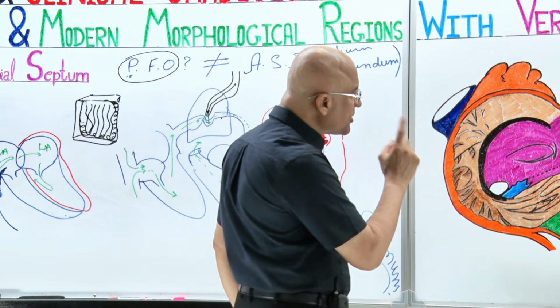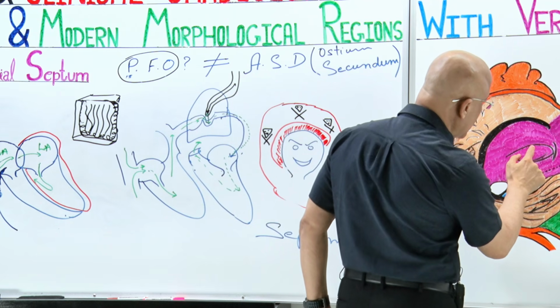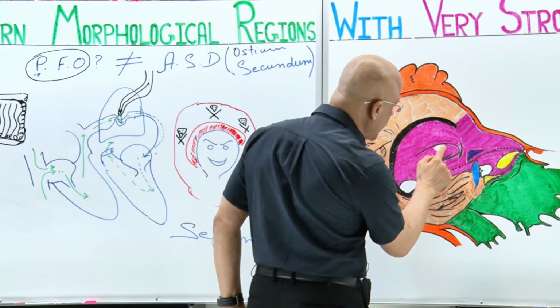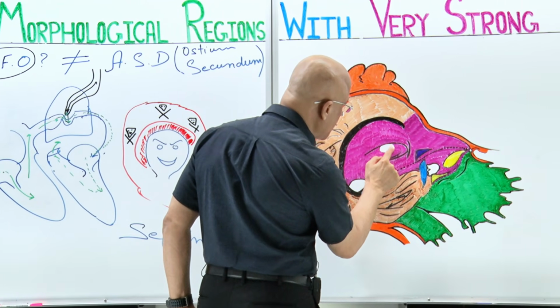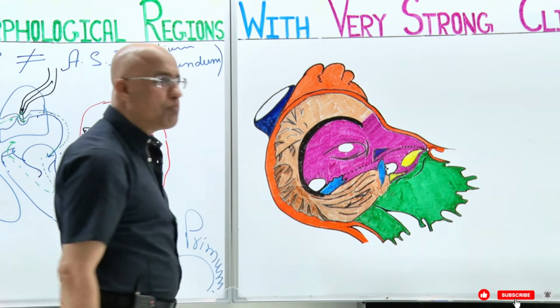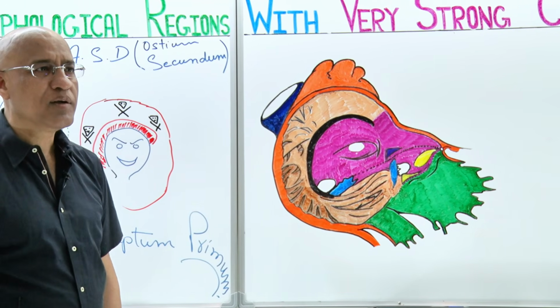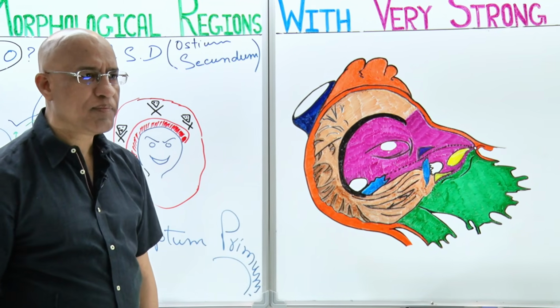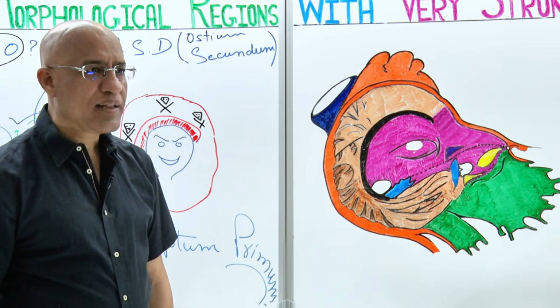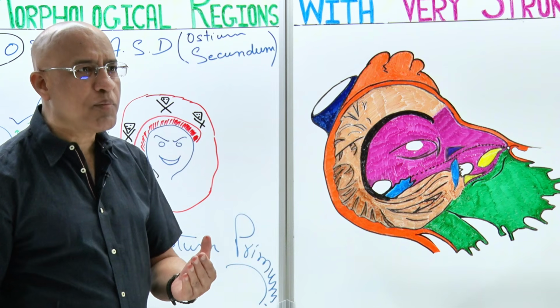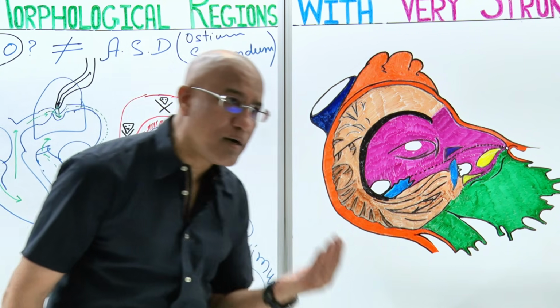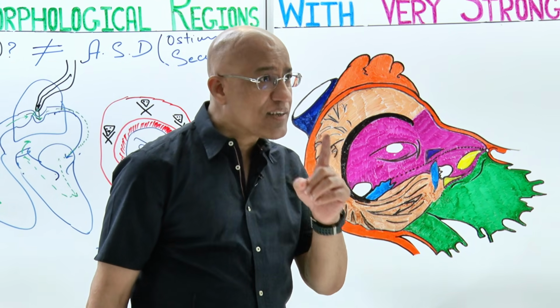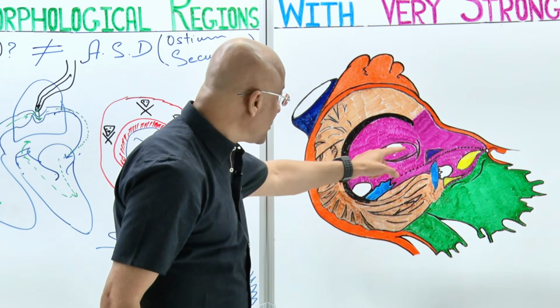Now, in ostium secundum, what happened? Look here, this upper part of the foramen ovale has a permanent opening. Permanent opening. Even though its name is ostium secundum, the defect is in the septum primum.